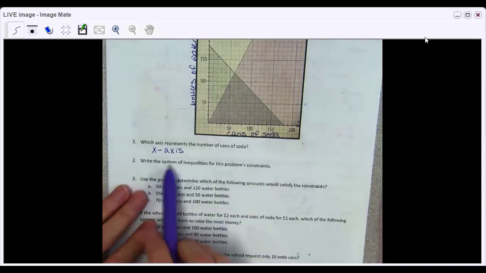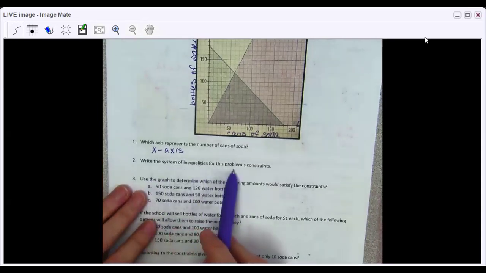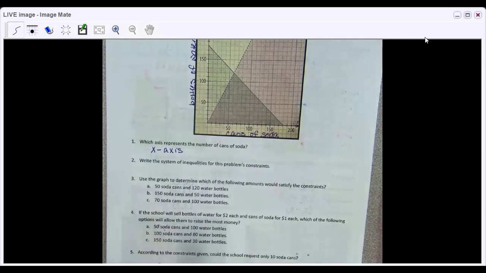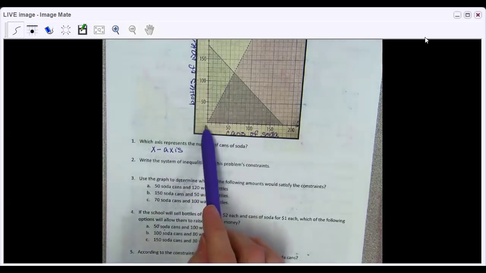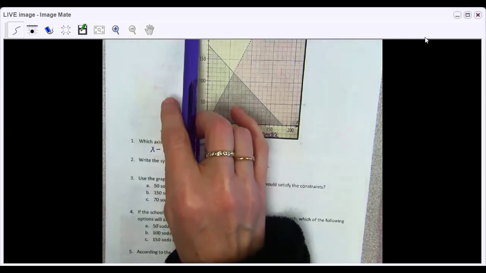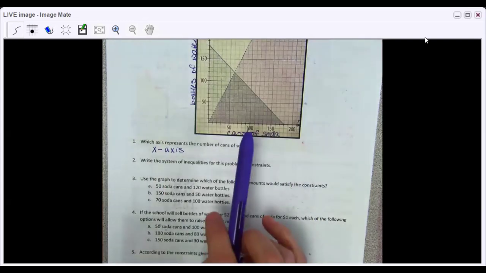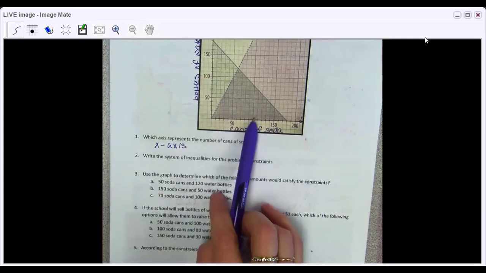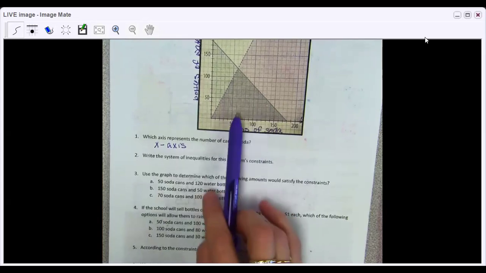Now it says write the system of inequalities for this problem's constraints. So all it's asking is for you to write the inequality. Now you can write the inequality based on the words, or you can write it based on the graph.